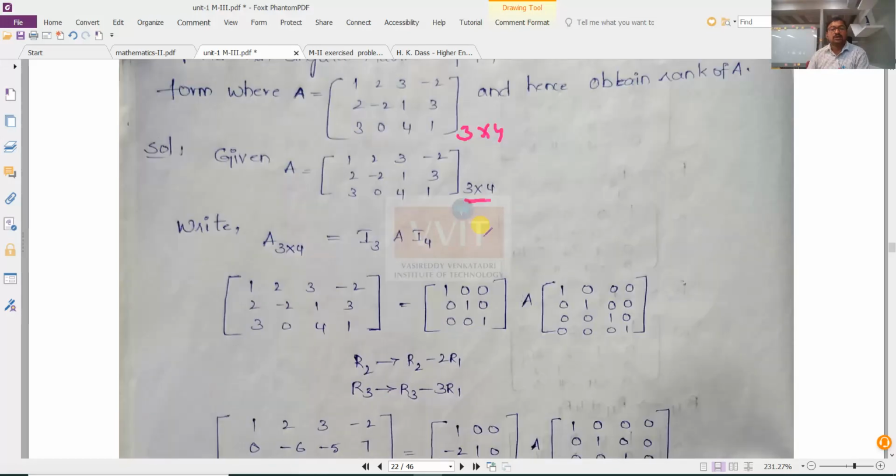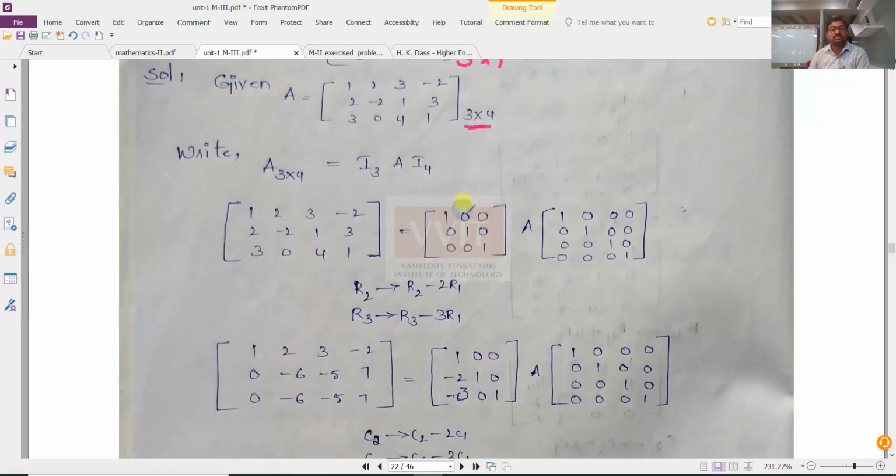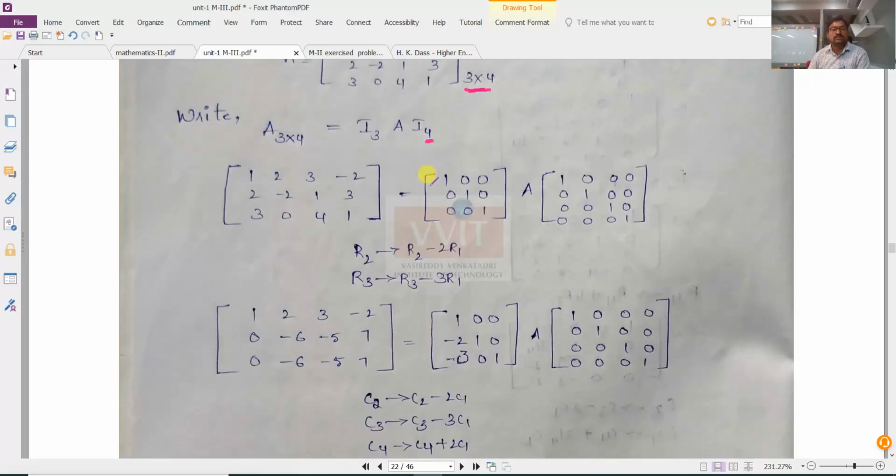Then the order of the prefactor would be 3 and the order of the post factor would be 4. First I am trying to reduce the elements below A11 to 0. For that, I need to multiply row 1 with 2 and subtract, and with 3 and subtract here. Then I may get this.